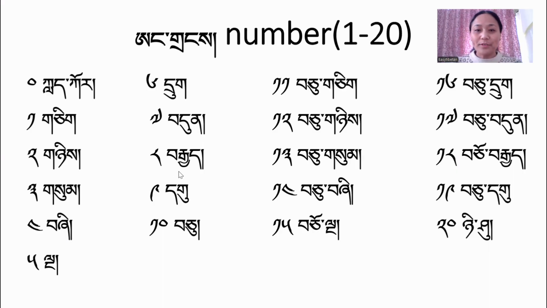For number 11, once you know up to number 10, you combine 10 and 1, 10 and 2, like this. For example, number 11 is chu, chik: chu is 10 and chik is 1.